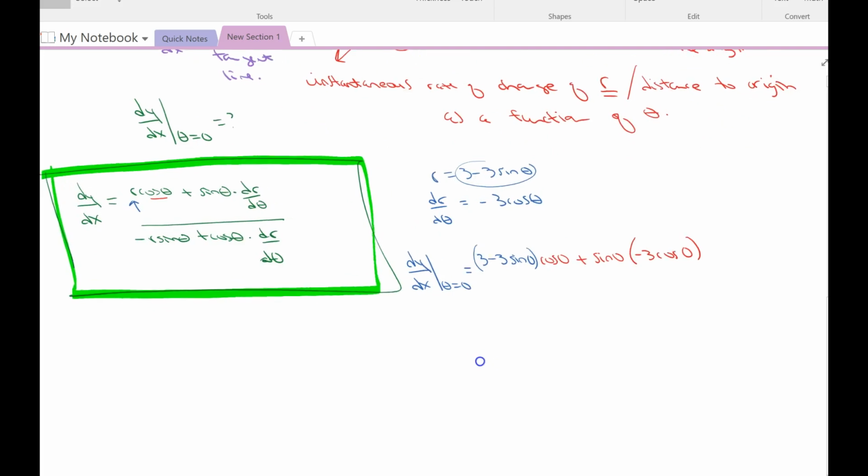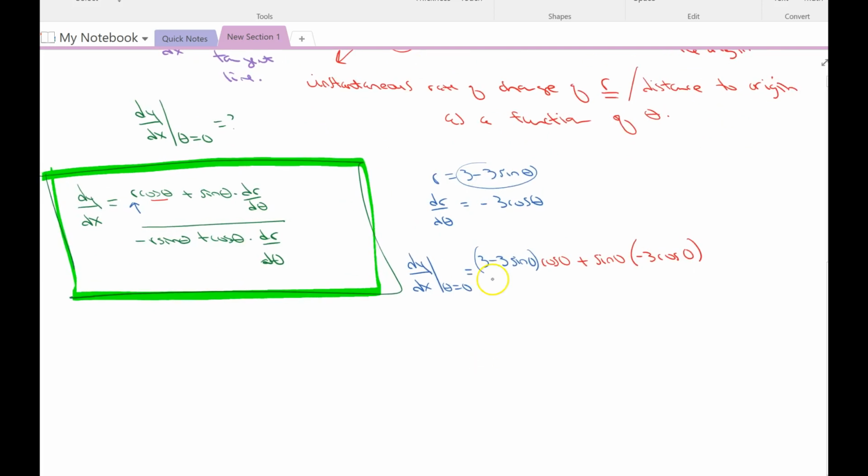This is now all divided by negative r sine theta. So negative, 3 minus 3 sine 0, times the sine of 0, plus cosine of 0 times dr/d theta, negative 3 cos 0.